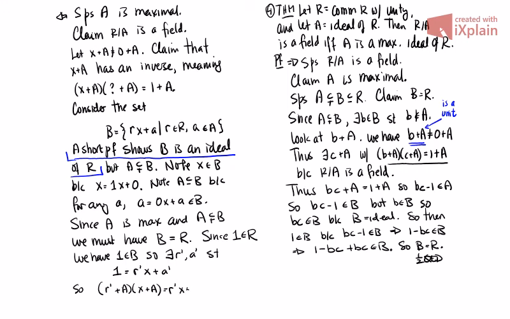This is r'x plus A. And r'x is 1 minus a', so this is 1 plus negative a' plus A. And this is A because negative a' is in A. So this whole thing is 1 plus A. Now we have a multiplicative inverse of x plus A. That's the QED.